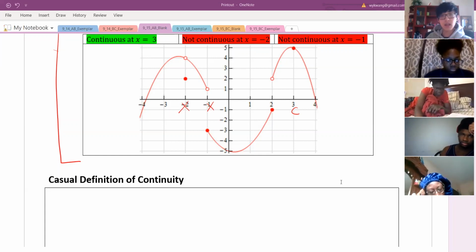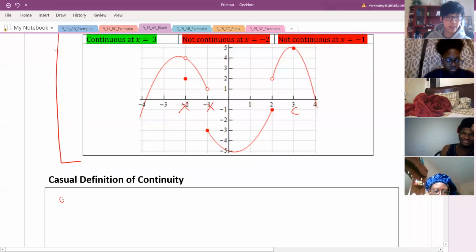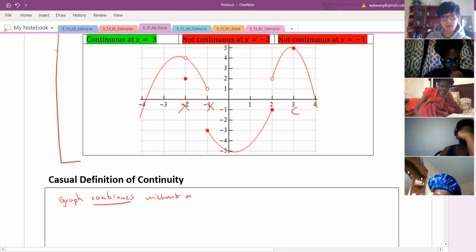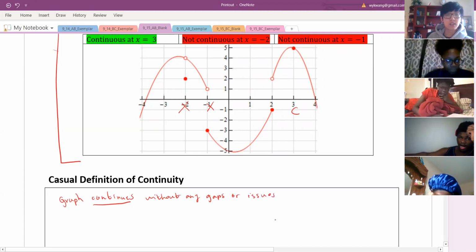Awesome. Yeah, that's a great way of putting it. So you said the graph continues without any gaps or issues. Awesome.